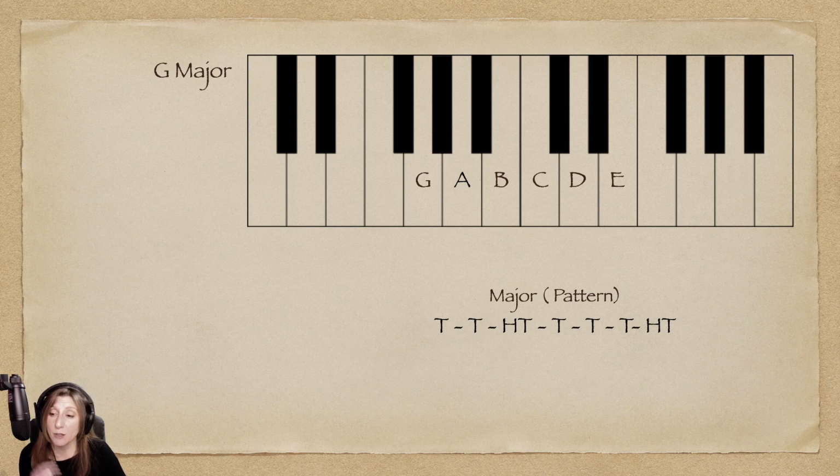Now from E to F, we need a tone, and we don't have a tone. We have a half step or half tone. So to be able to follow the pattern for a major scale, we need to use a black note. So our F is going to be in a black note. And then we need a half step or a half tone. So we're going to use G again. So this is going to be the pattern for G major.